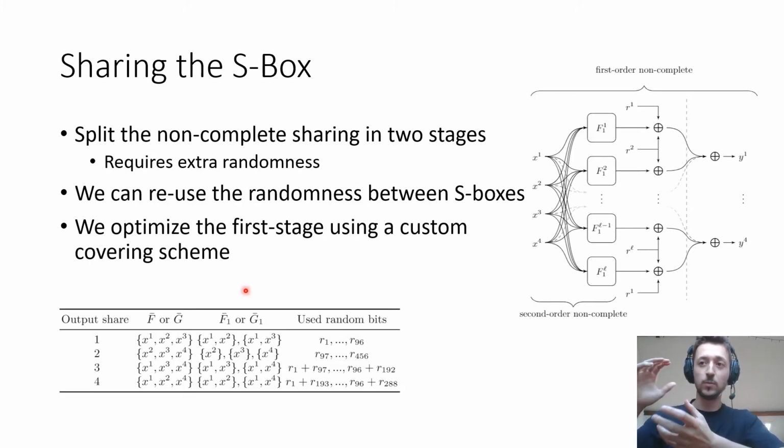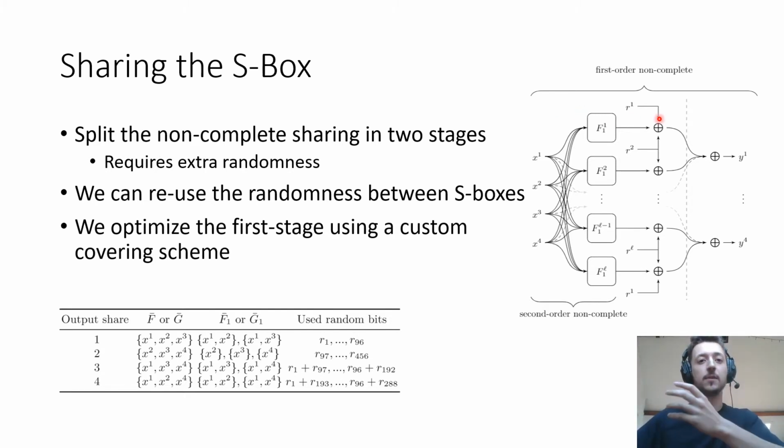Now, that would be a first order non-complete sharing of that S-box, but of course you require second order security. So what we're going to do is take that non-complete sharing, and then divide it over 2 stages. In the first stage, we're going to have an expansion layer where we're expanding these 4 shares into quite several functions.